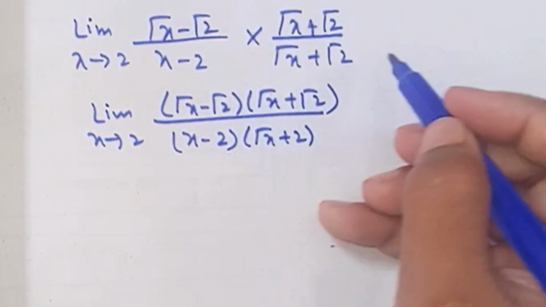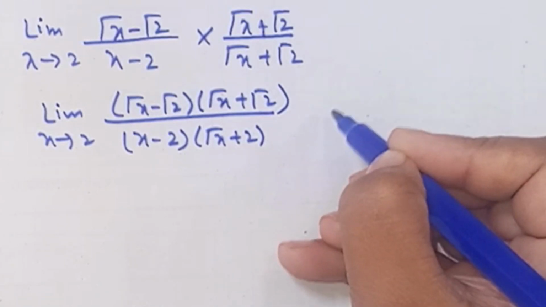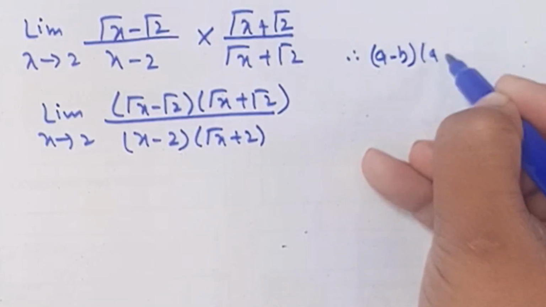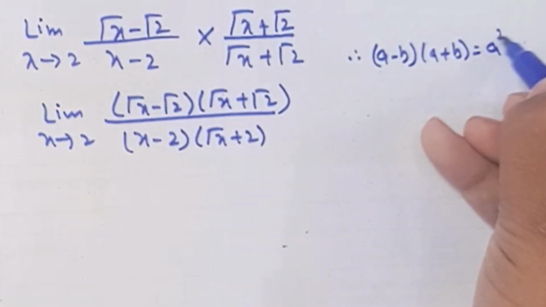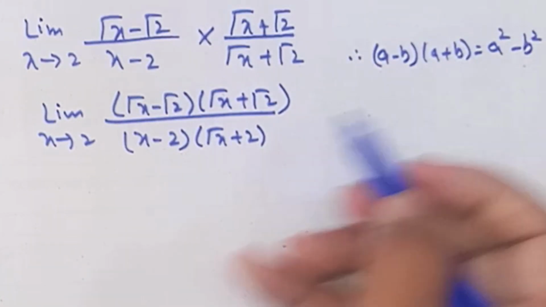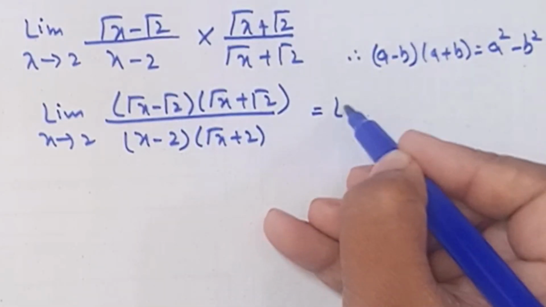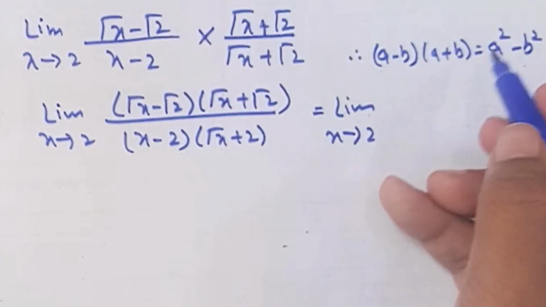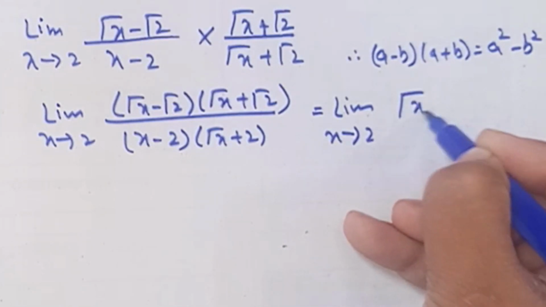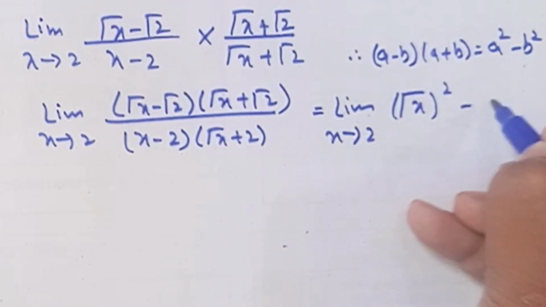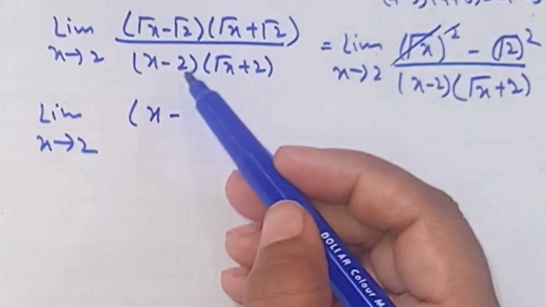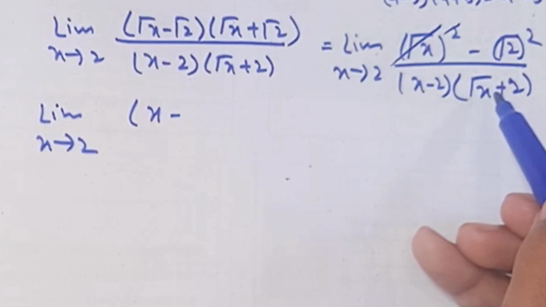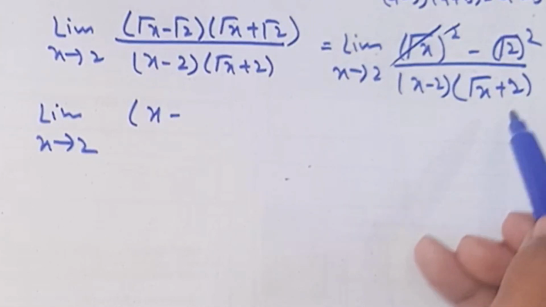Now in the numerator, we apply this identity: (a minus b) times (a plus b) equals a squared minus b squared. Applying this identity, the numerator becomes (square root x) whole squared minus (square root 2) whole squared, and in the denominator we copy (x minus 2) times (square root x plus square root 2).